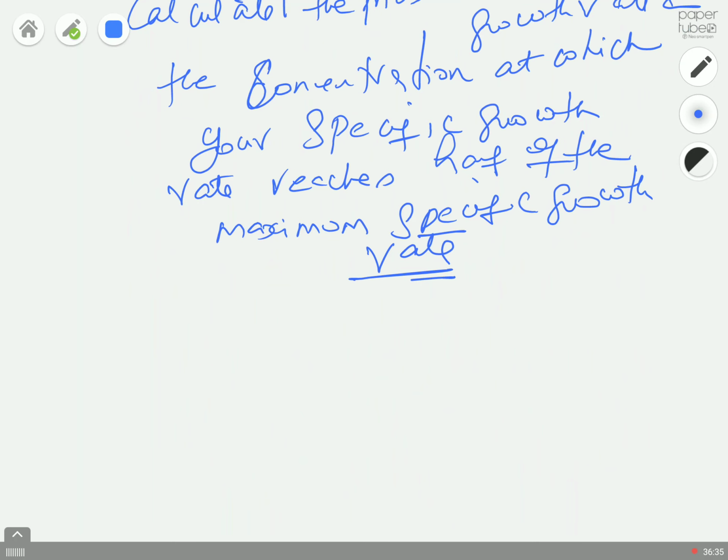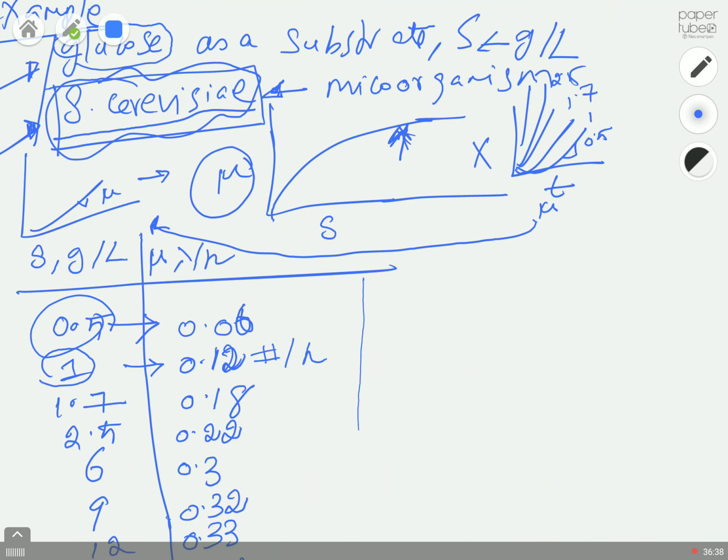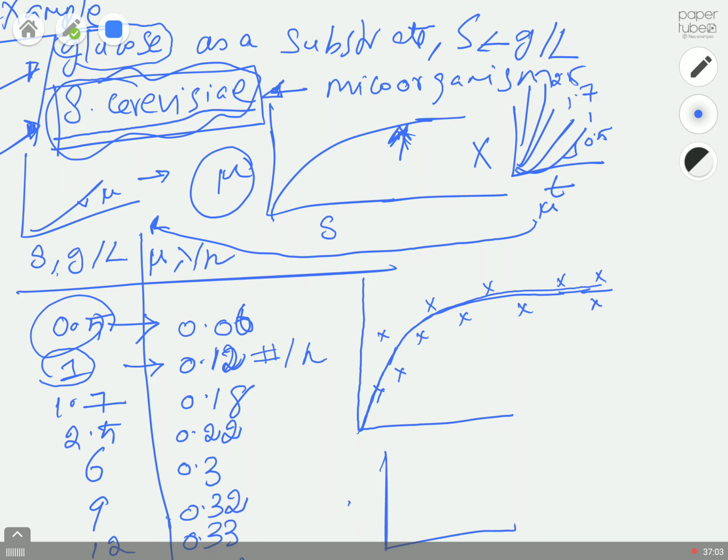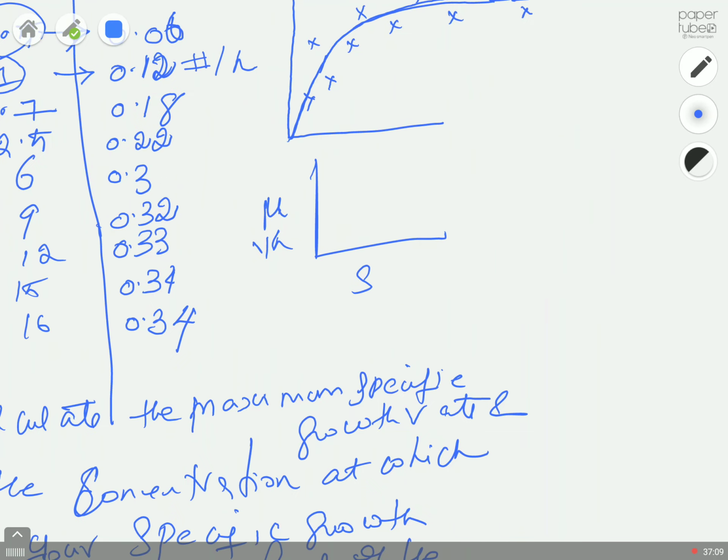Normally when you do some experiment and calculate the specific growth rate, you won't get a nice smooth curve like this. We will get some fluctuations here and there. That's why we cannot always go for the graphical method. Imagine I can easily plot the specific growth rate here and the substrate concentration here.